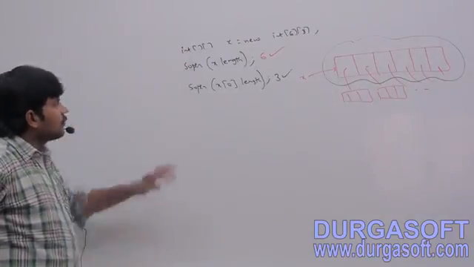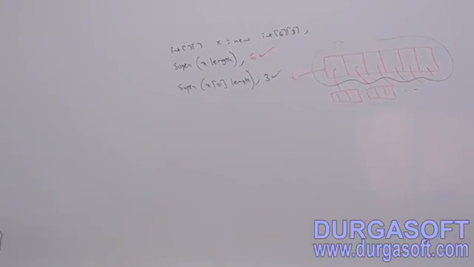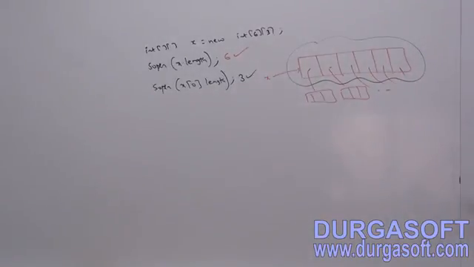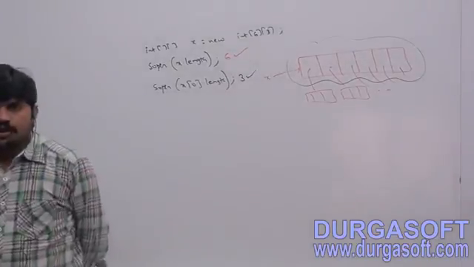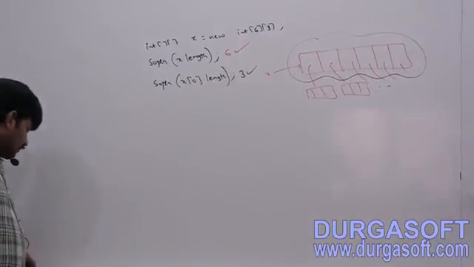Take this example. Two-dimensional array X is equal to new two-dimensional array of 6, 3. SOP of x dot length, the answer is 6. SOP of x of 0 dot length, its value is 3.